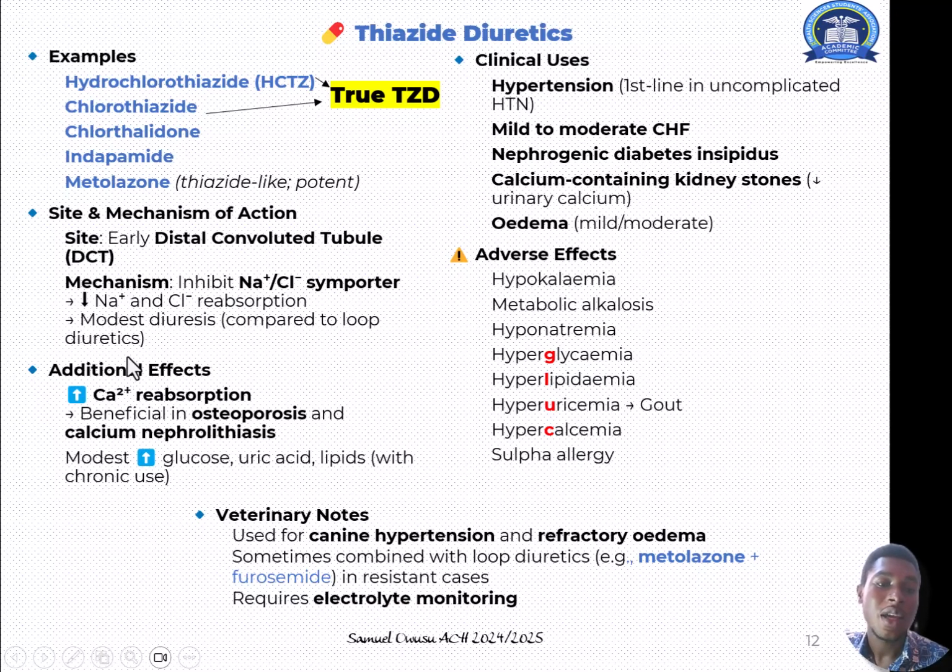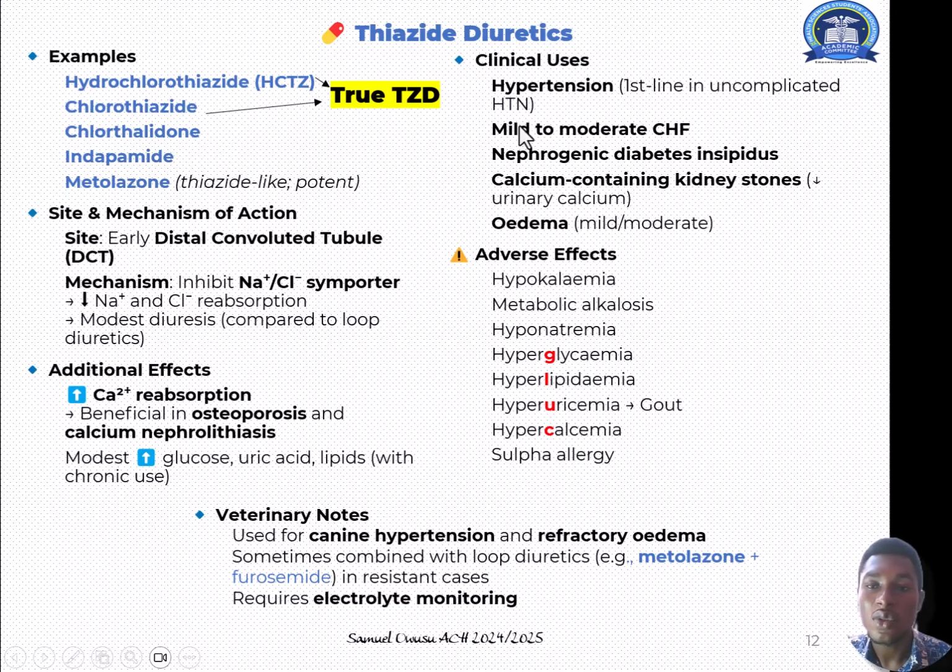Okay, the additional effect is that they also tend to cause increased calcium reabsorption, unlike the loop diuretics that we mentioned, and so they are beneficial in the management of osteoporosis and calcium nephrolithiasis. Okay, why? Because they tend to also cause increased levels of glucose, uric acid, and lipids. Okay, with chronic use.